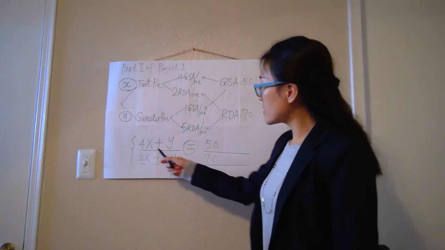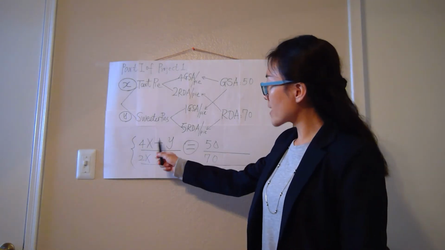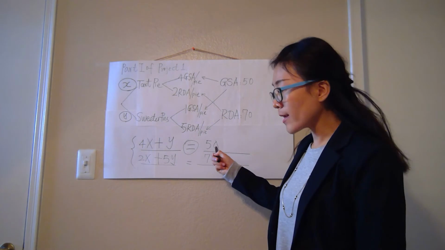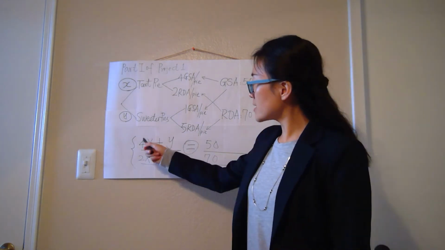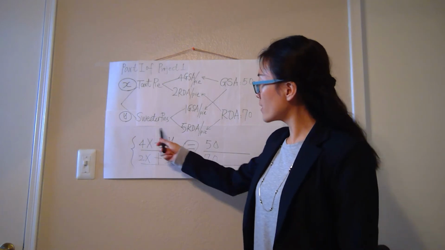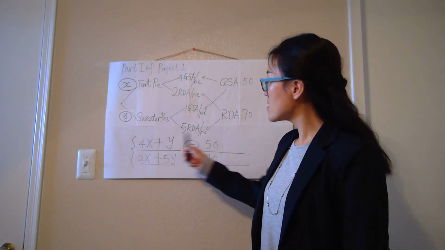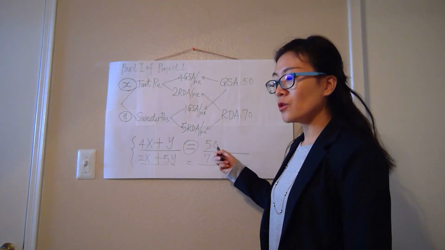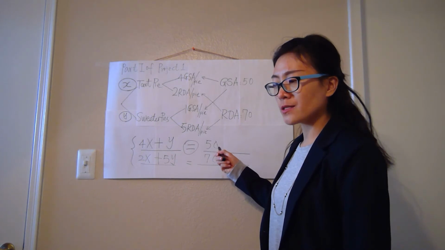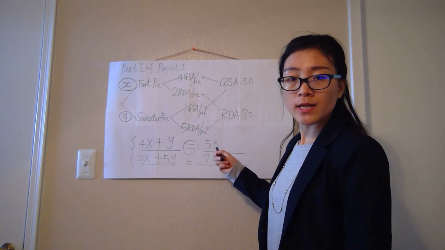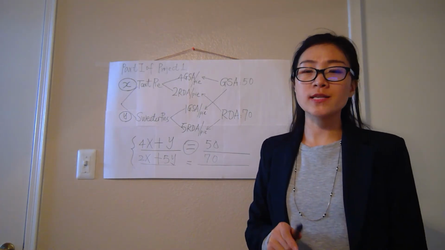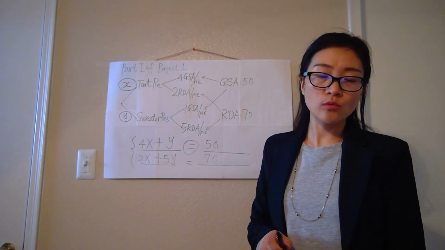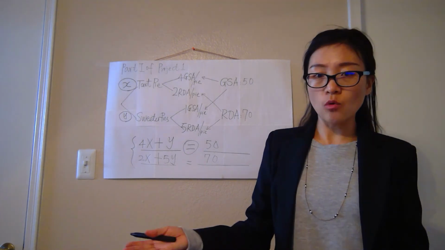Then some wrote 4x plus y equals 120. But this side represents only Granny Smith apples, while 120 represents the total number of apples, including both Granny Smith and Red Delicious. So how can they be equal, right?